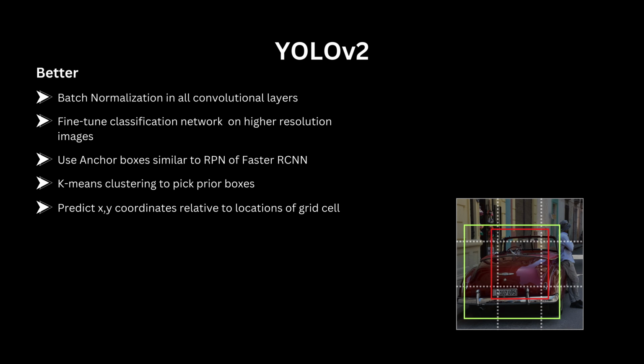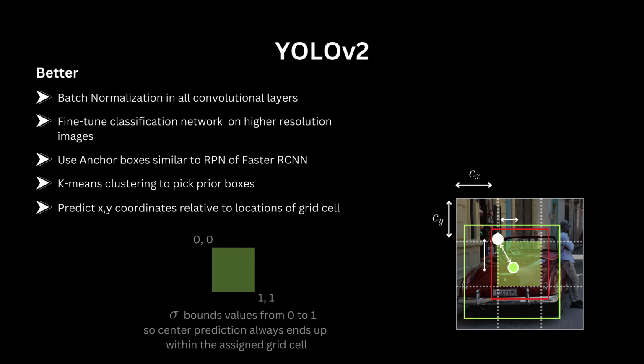So for this green ground truth box, this is the center, and the green grid cell contains that, which means YOLOv2 learns to predict these offsets from the grid cell corner locations. This is same as YOLOv1. The minor change in YOLOv2 is presence of sigmoid activation to constrain the output from 0 to 1, which means our predicted xy coordinates will be these.